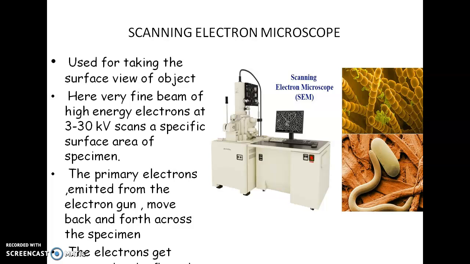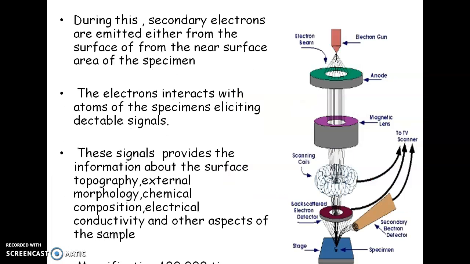So it will move back and forth through the specimen. What happens when the electrons hit this microscopic object is that the electrons will be either scattered or reflected, because we know that most microscopic objects contain atoms, molecules, etc. Whenever the electrons impinge on these atoms or molecules, they begin to either scatter or reflect. And during this, secondary electrons are emitted either from the surface or from the near-surface area of the specimen.